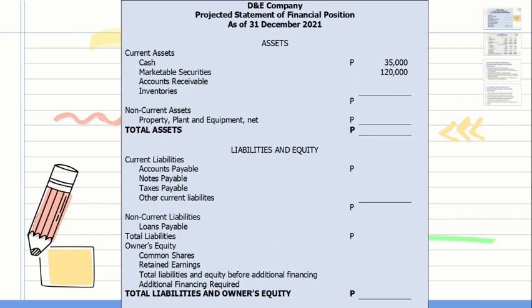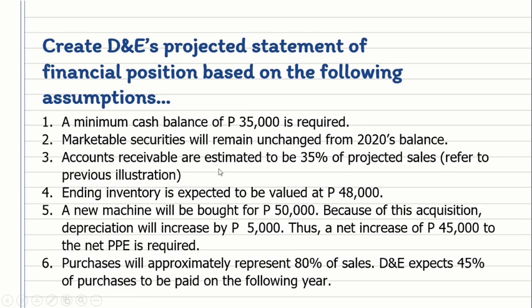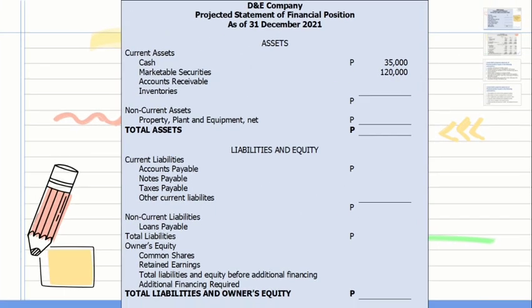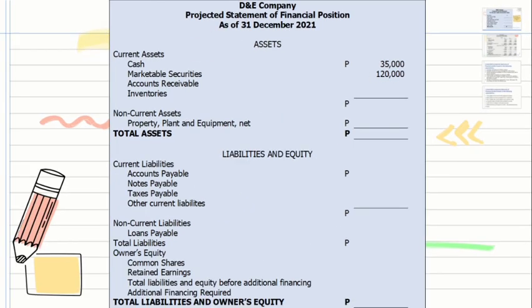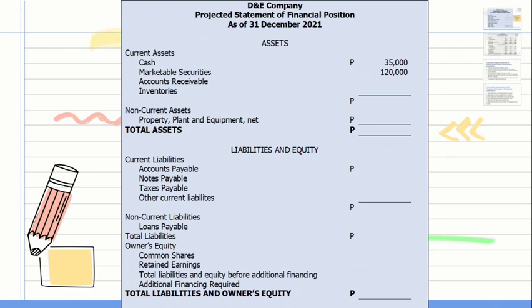Then, accounts receivable. Accounts receivable are estimated to be 35% of projected sales. Refer to previous illustration. So, 35% of our sales. Tara, net sales na to of 165 times 35%. So, we have our accounts receivable of 57,750.